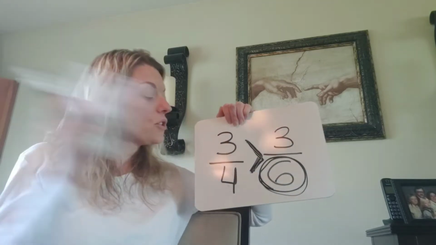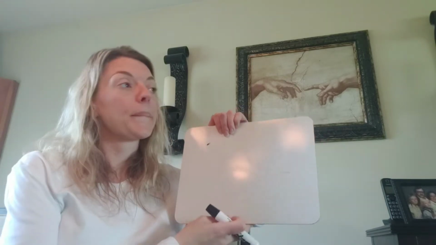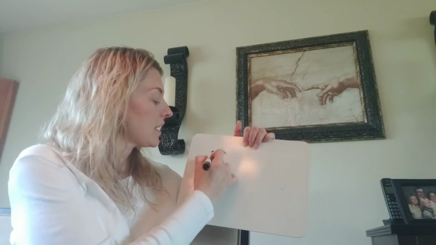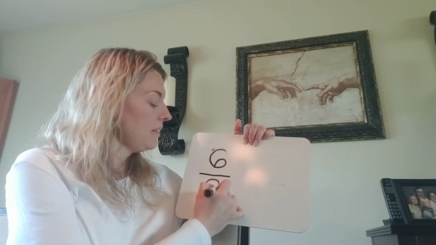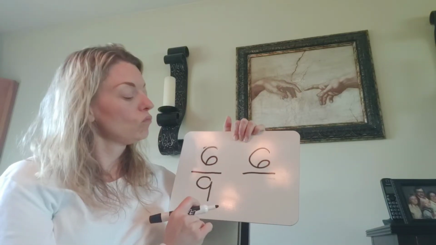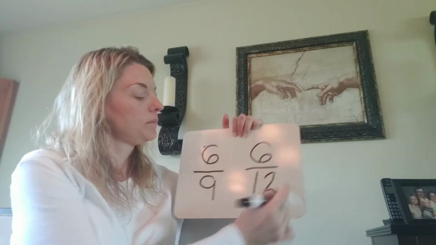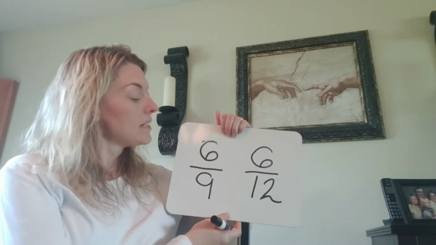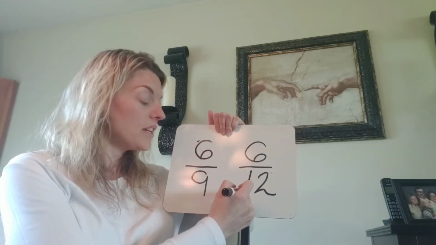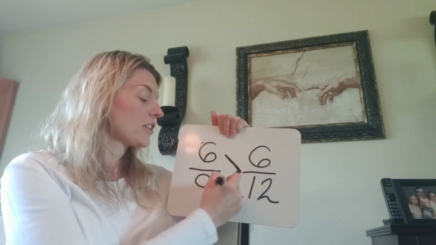Okay, let's try another. Denominators are different, but the numerators are the same. Let's do 6/9, 6/12. Numerators match, denominators are different. The bigger the denominator, the smaller the fraction.